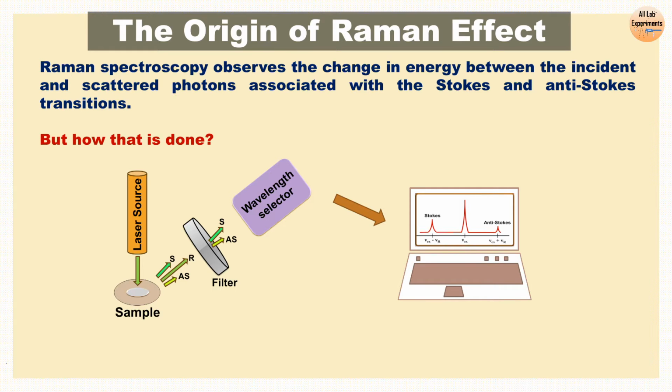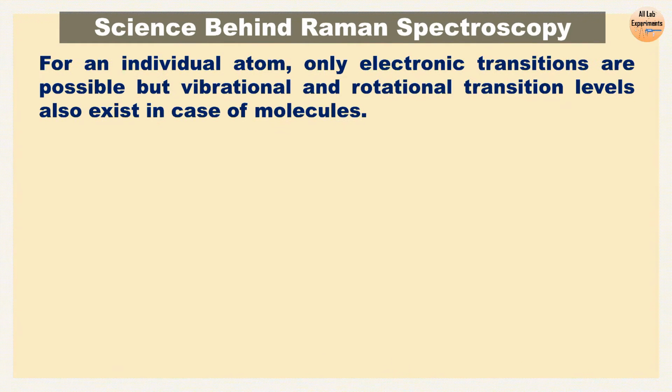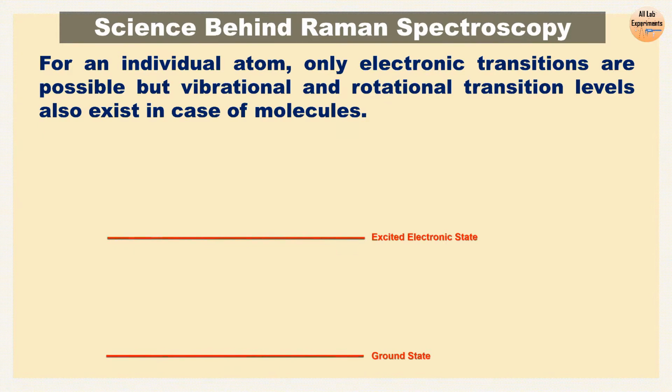But now the question is why this energy is different in Stokes and anti-Stokes. We need to understand this at the atomic level. For individual atoms, there are only ground and excited electronic states, so there are no other states.